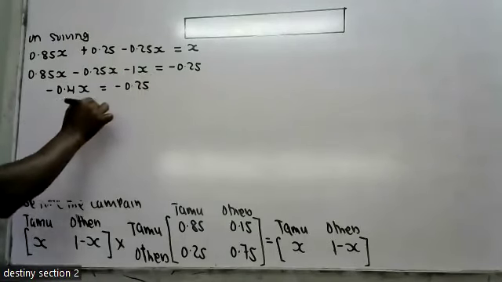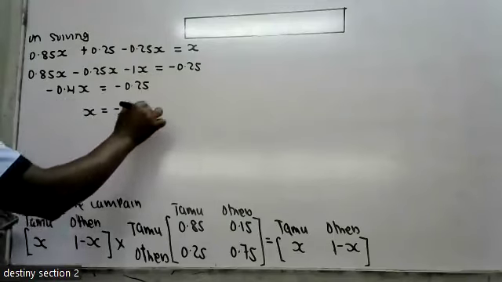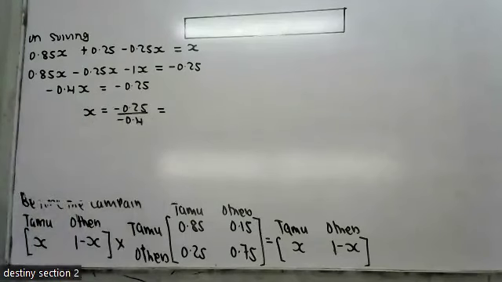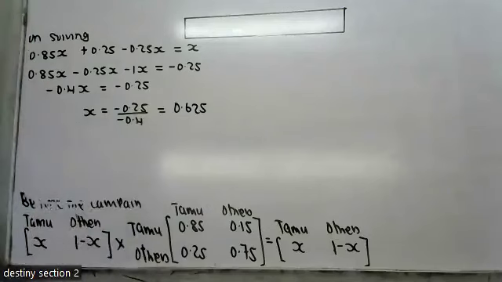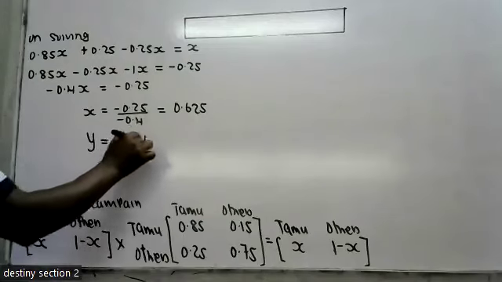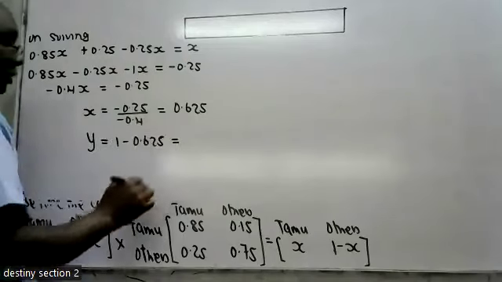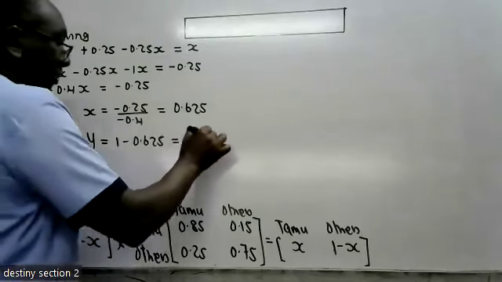So based on that, X should be negative 0.25 divided by negative 0.4, which I'm getting as 0.625. And therefore, Y should be 1 minus X, 1 minus 0.625. So if you subtract, you get 0.375.